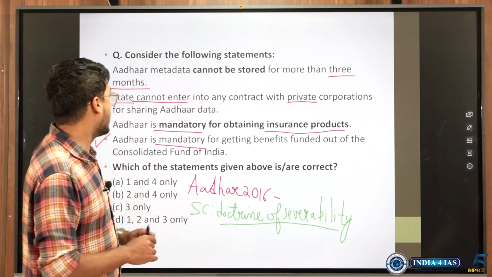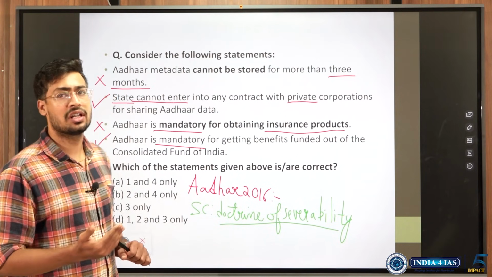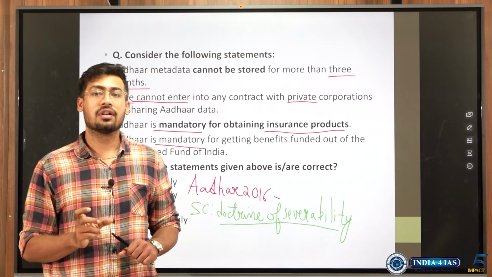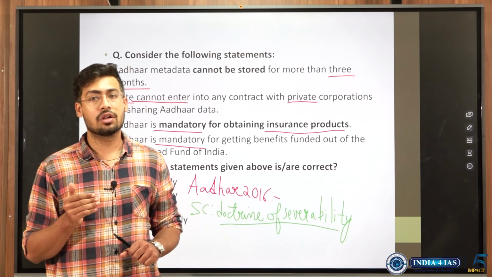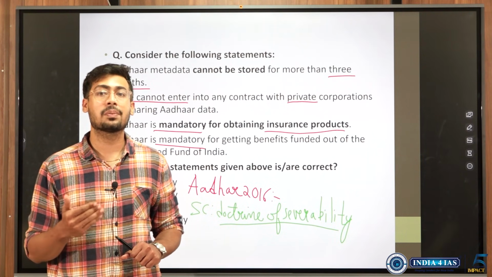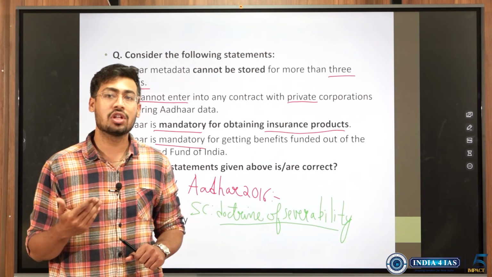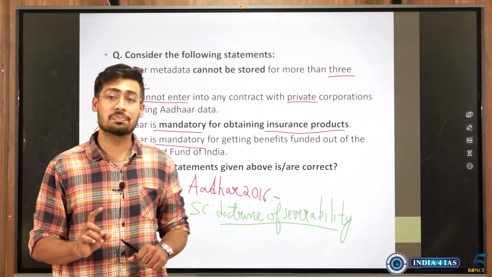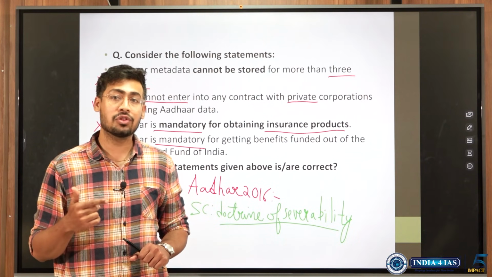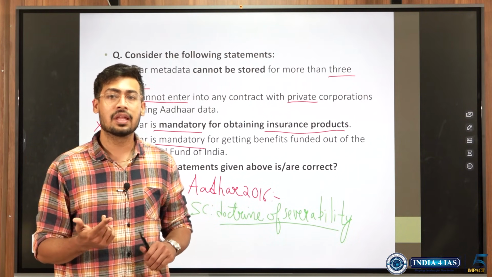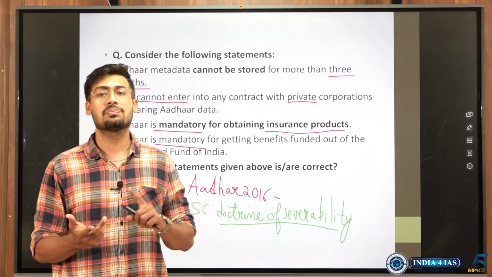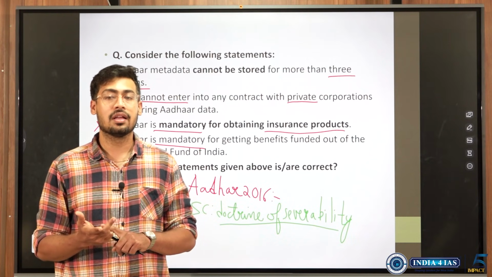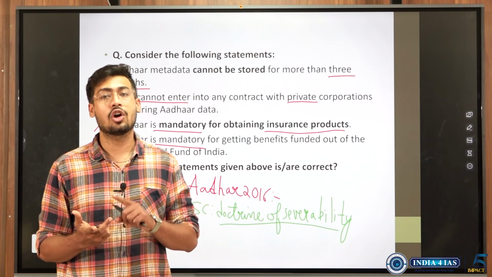So in the Aadhaar Act, what is it that Supreme Court has said? If the money is moving from Consolidated Fund of India for the purpose of subsidies or benefit to the people, then Aadhaar becomes mandatory. But if the citizen is paying money for any of the benefits that is taken, for example, if it is an insurance product, if it is pension, then the citizen is paying money. So in such cases, Aadhaar is not mandatory.